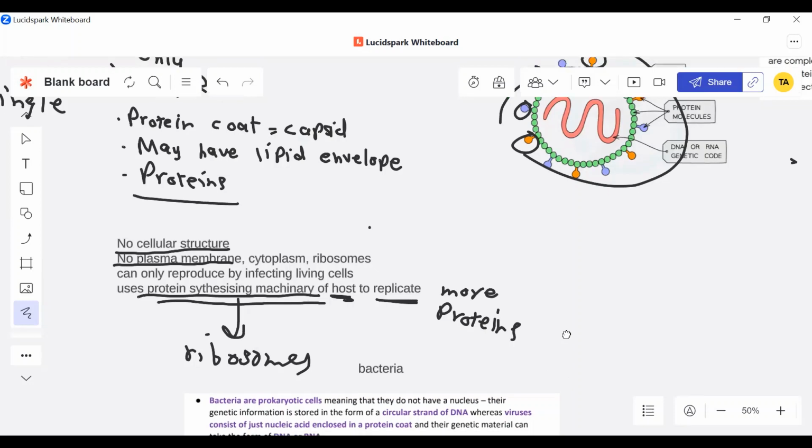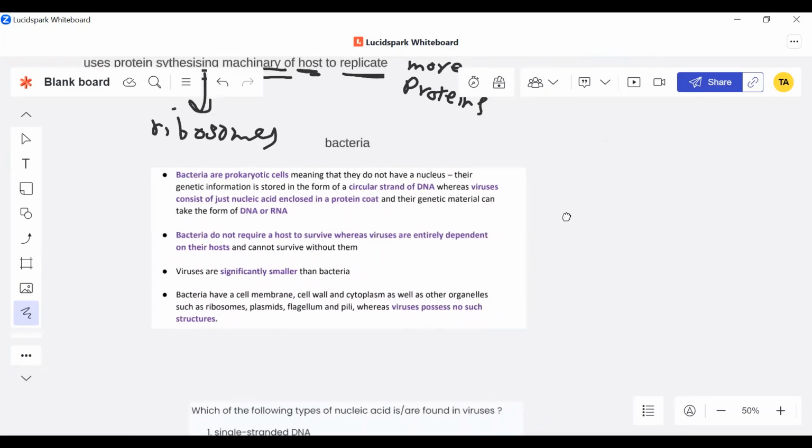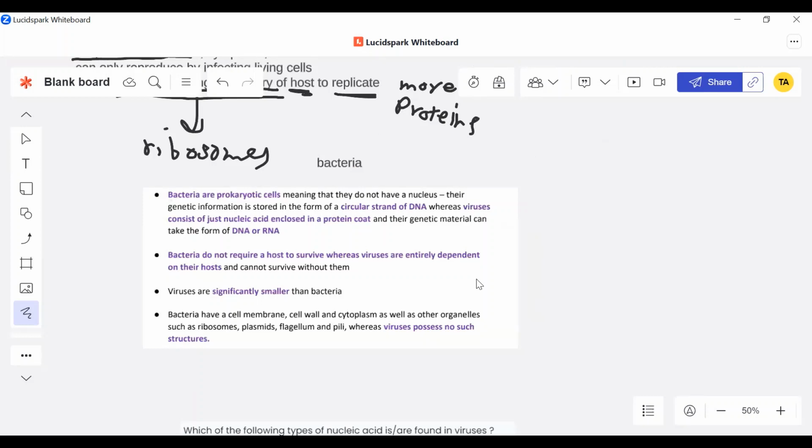So moving on, this was all about viruses. Now, bacteria are prokaryotic cells, so they do not have a nucleus. Their genetic information is stored in the form of circular DNA, whereas viruses consist of just nucleic acid enclosed in a protein coat, and their genetic material can be DNA or RNA.